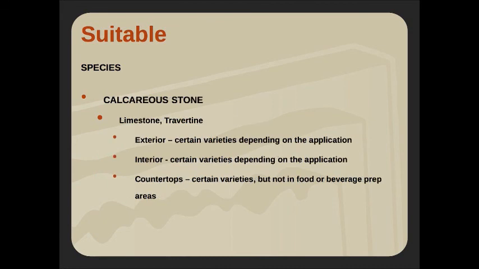Moving into the calcareous stones, limestones and travertines. Are we going to use them outside? Well, there's certain varieties of limestones and travertines, depending on the application, that are going to be appropriate. If I'm going on the ground outside, I probably am just going to shy away from either one of those as much as I can.